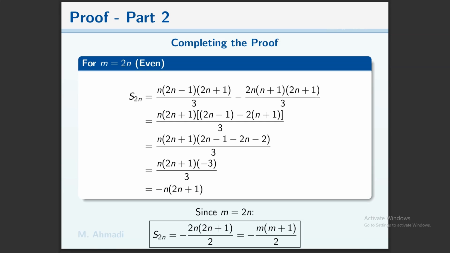Since m equals 2n, we can write S_2n equals minus 2n multiplied by (2n plus 1) over 2, equals minus m multiplied by (m plus 1) over 2.